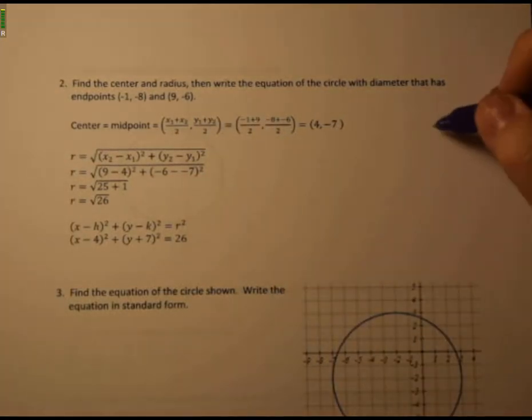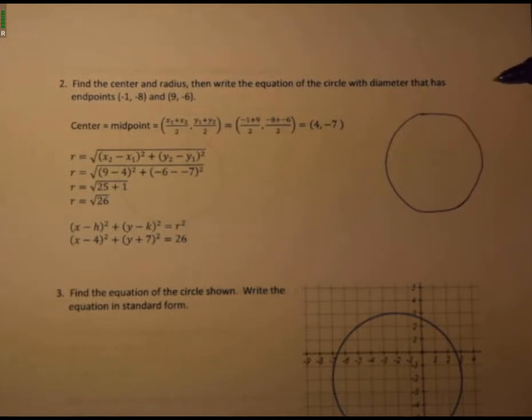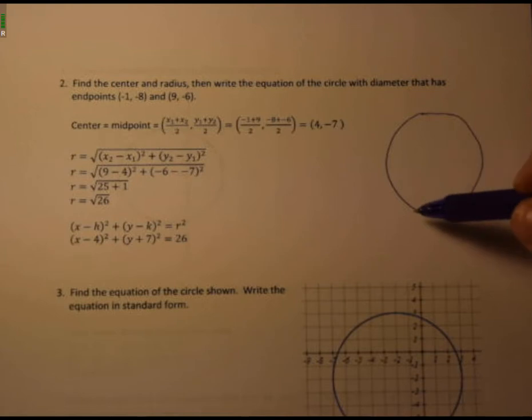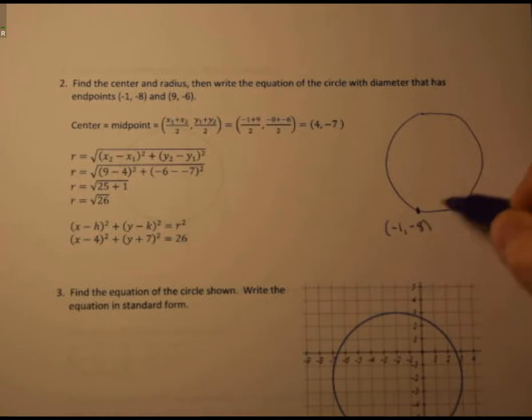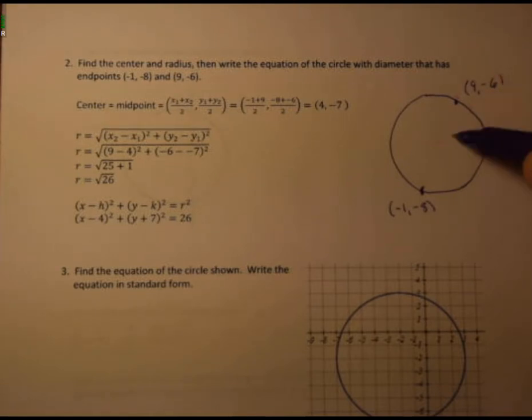Well, if we think about this, we have a circle and then the diameter has endpoints (-1, -8). So I don't know, maybe down here, (-1, -8). And then (9, -6) could be here.